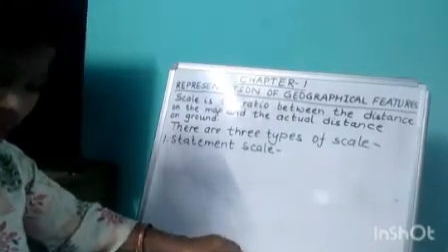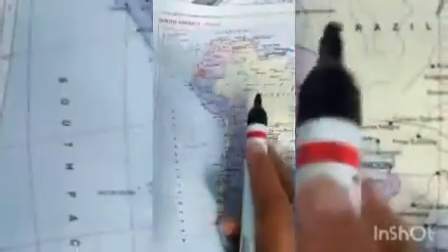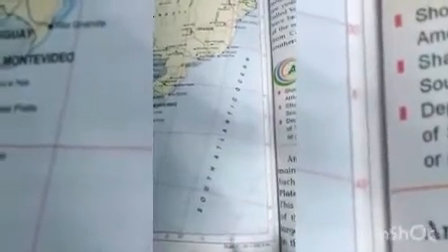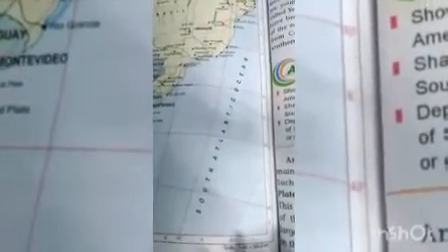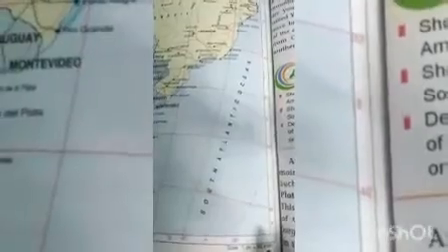You can see this with the help of this map. This is a map of South America. Here you can see, while giving the scale, it is given 1 centimeter is equal to 362.8 kilometers.